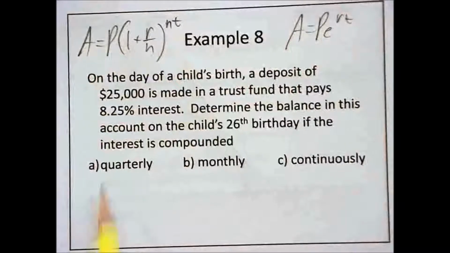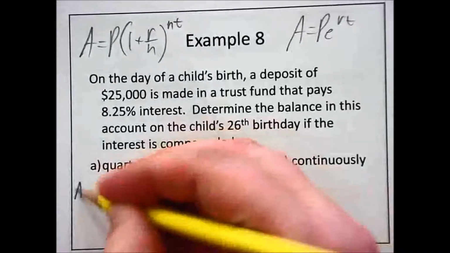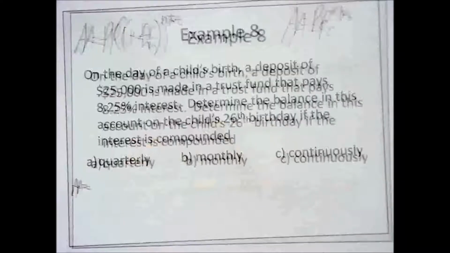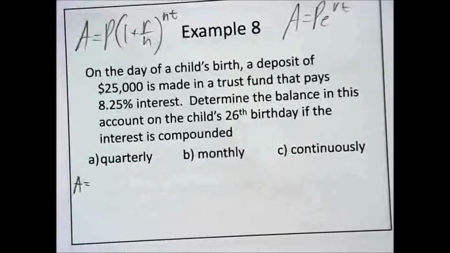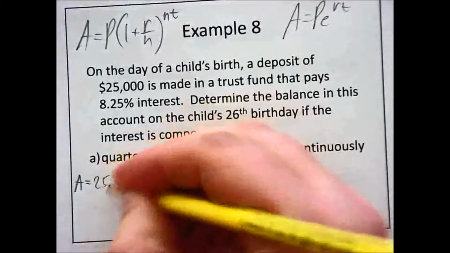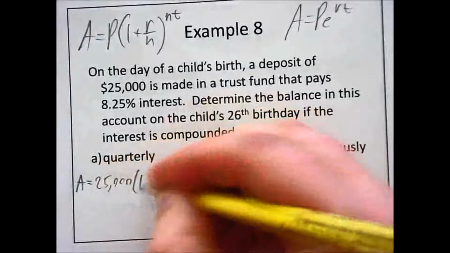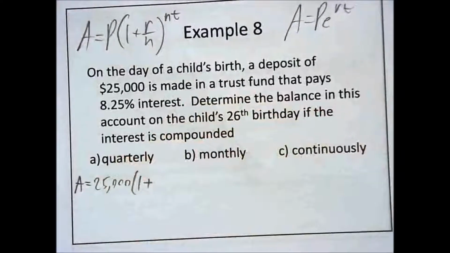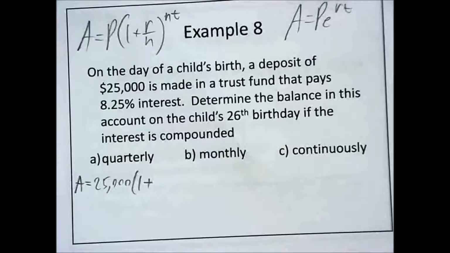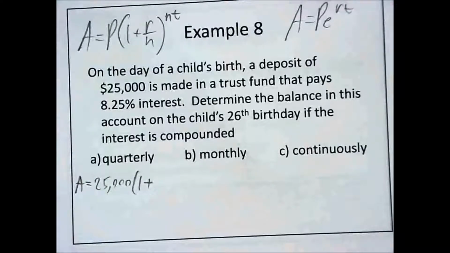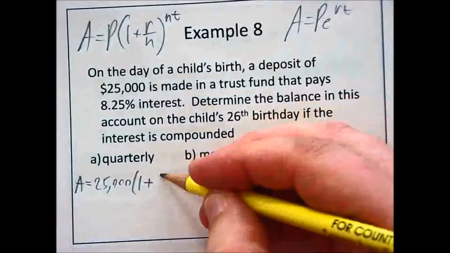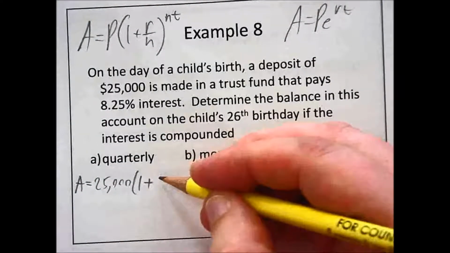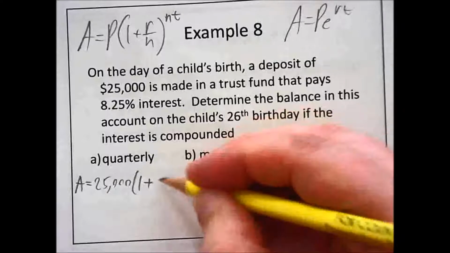So for this, quarterly would be how many times a year? 4. So if I'm going to write this equation, I want to figure out how much you end up with. What's the P stand for? Principal. In this case, what's that number? $25,000. So, times 1 plus, what would the R be? 0.0825.